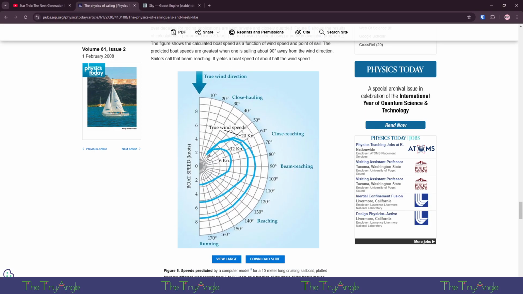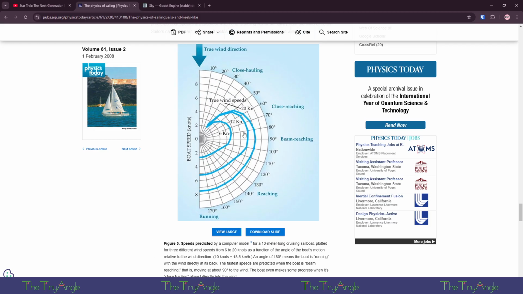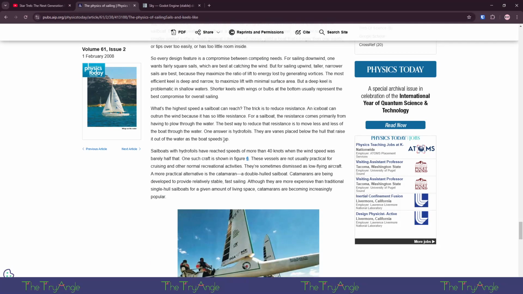Oh, ho, ho. Huh. It's like close hauling is. This is what we're going to go off of, and I like that it's like the relative wind speed.